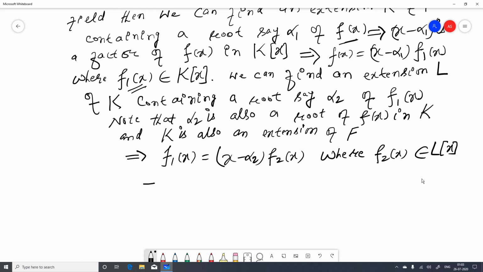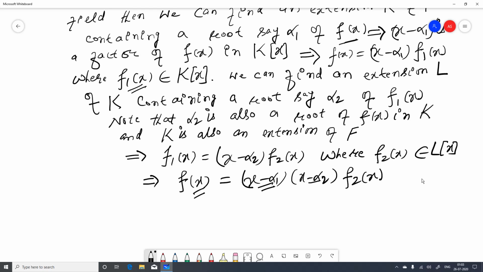But this also means that f(x) is (x minus alpha 1)(x minus alpha 2) f2(x). So what I am doing here is writing this polynomial f(x) as a product of two linear factors times the polynomial f2(x), where f2(x) lies in the extension L of F.